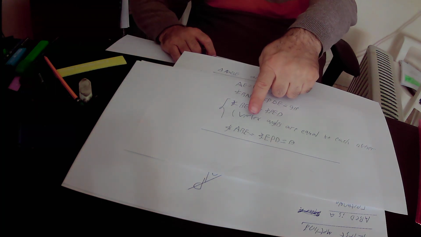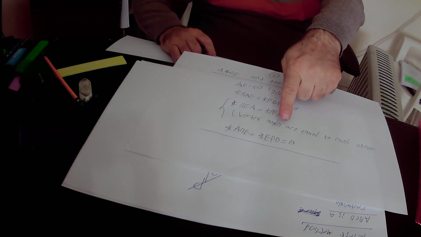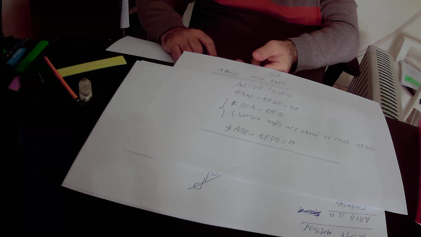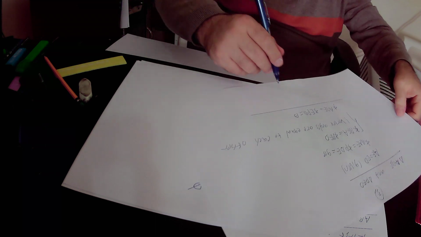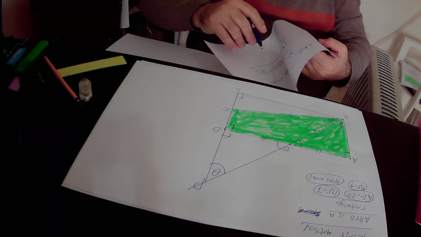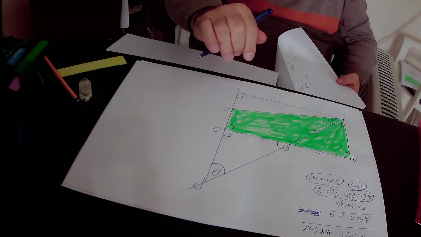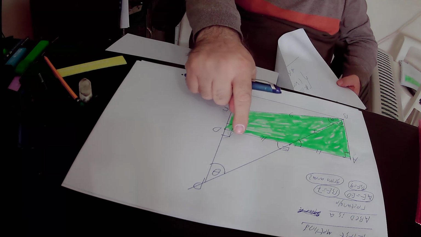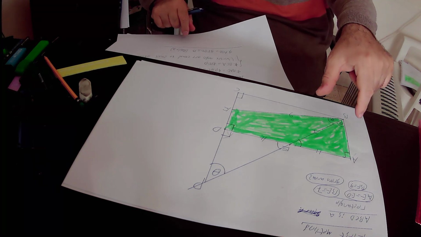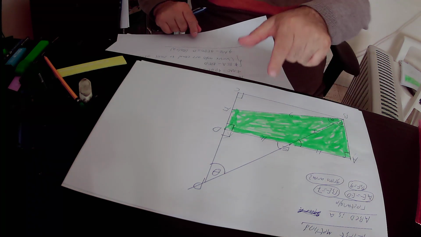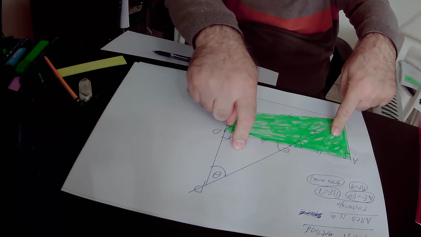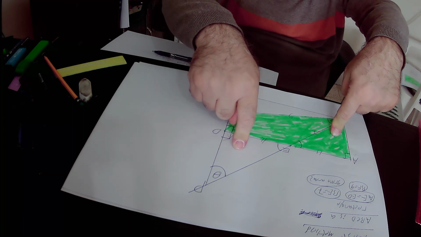So angle ABE equals angle EPD, and they are both equal to theta according to rule number 2. So we actually prove that all three angles of the green triangle are congruent to all three angles of triangle PED, and also we proved that AE equals ED. Therefore, those two right triangles are congruent to each other according to the angle side angle rule.